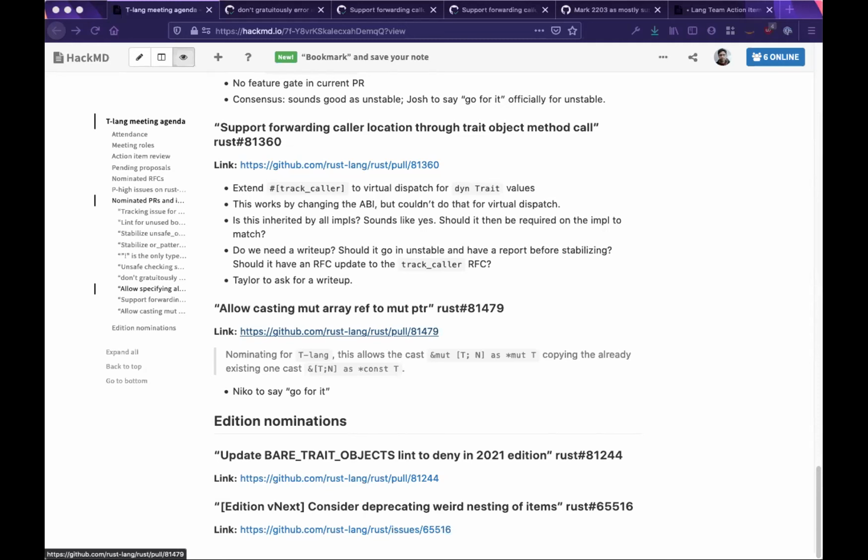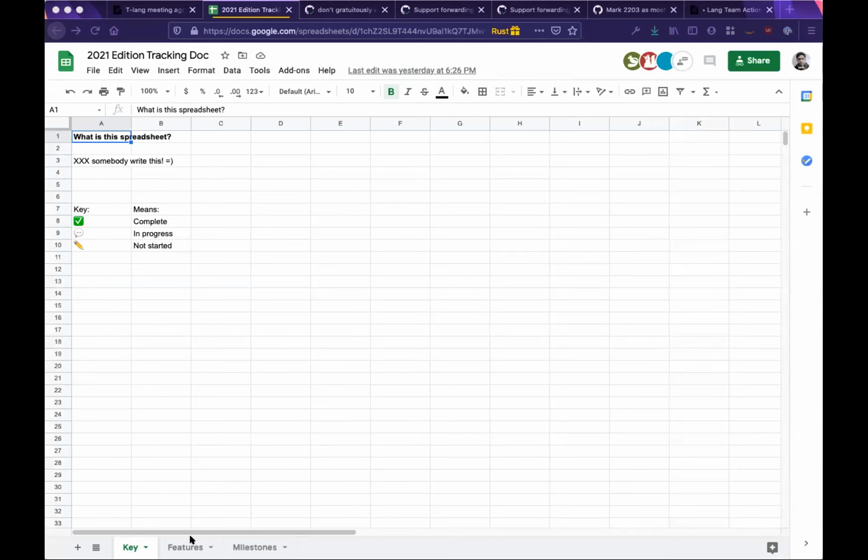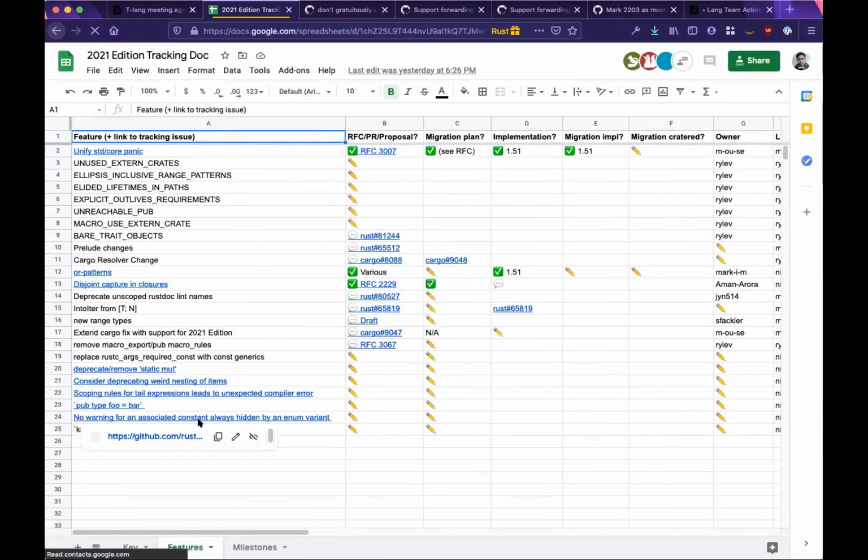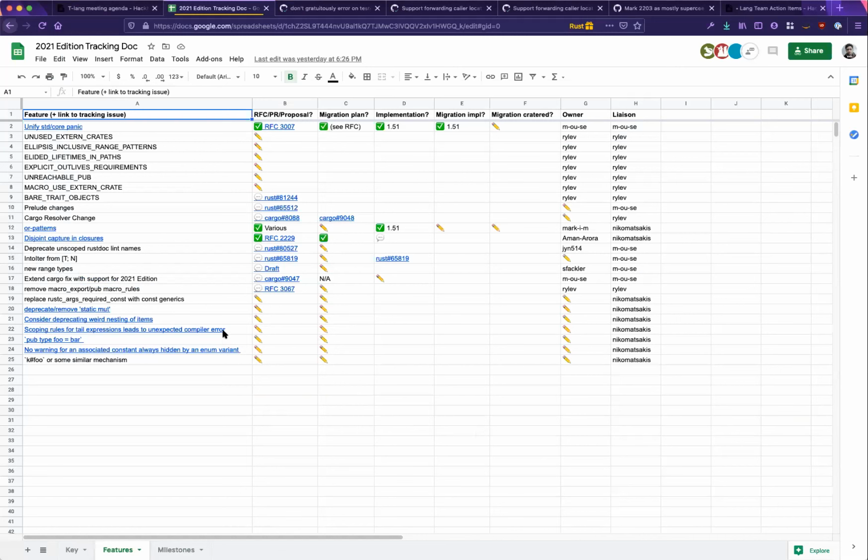And they have to meet certain criteria by certain times, and there's a bunch of random issues that were opened at various points in time to consider doing X, Y, or Z when we are doing a 2021 edition. So I wanted to call them out and say, if people want these to happen, somebody needs to step up and make it happen.